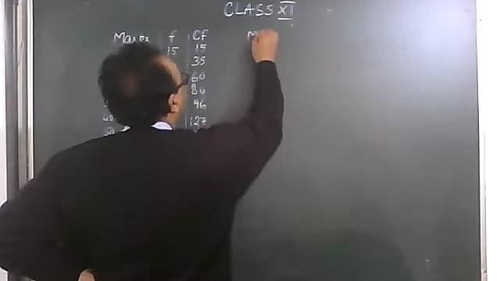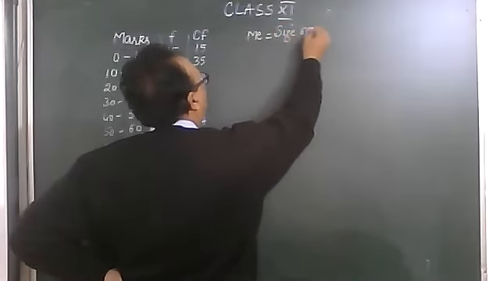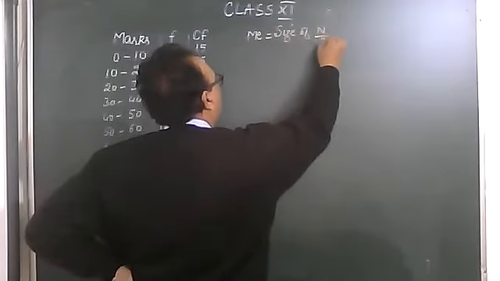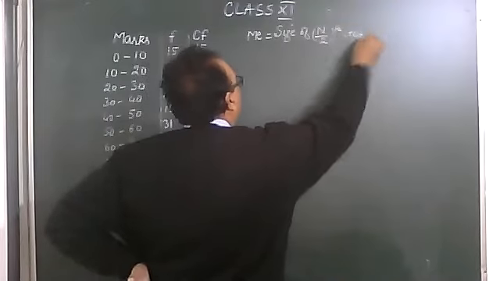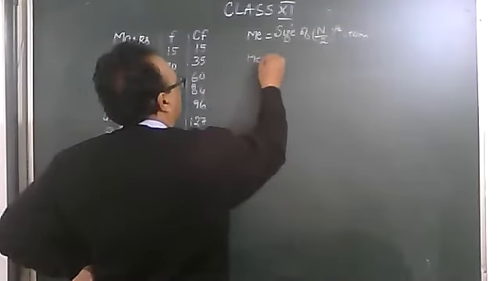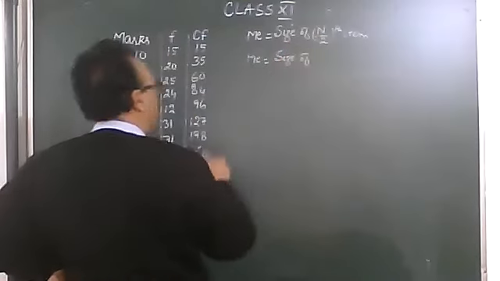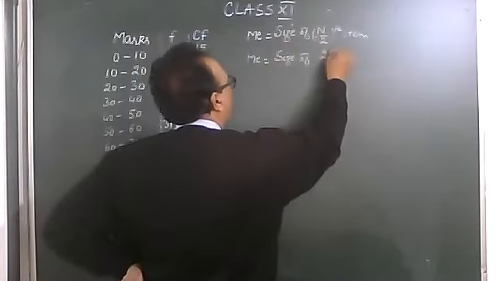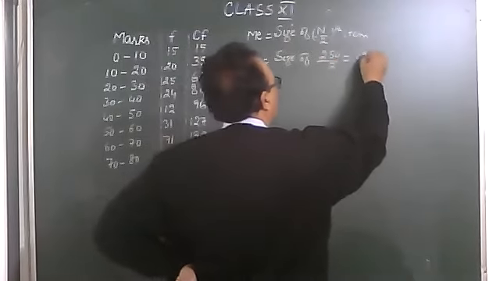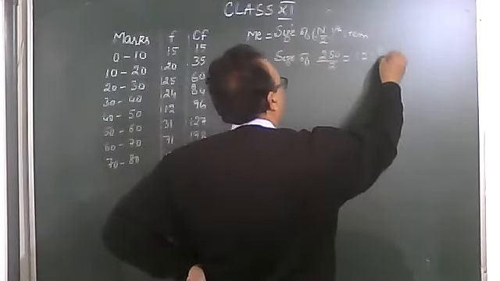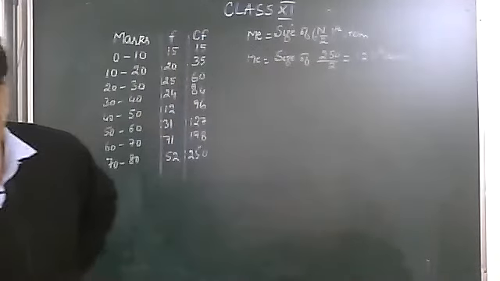Now, median is equal to the size of n by 2 item. Median is equal to size of n value, 250 divided by 2, that is equal to the 125th item.